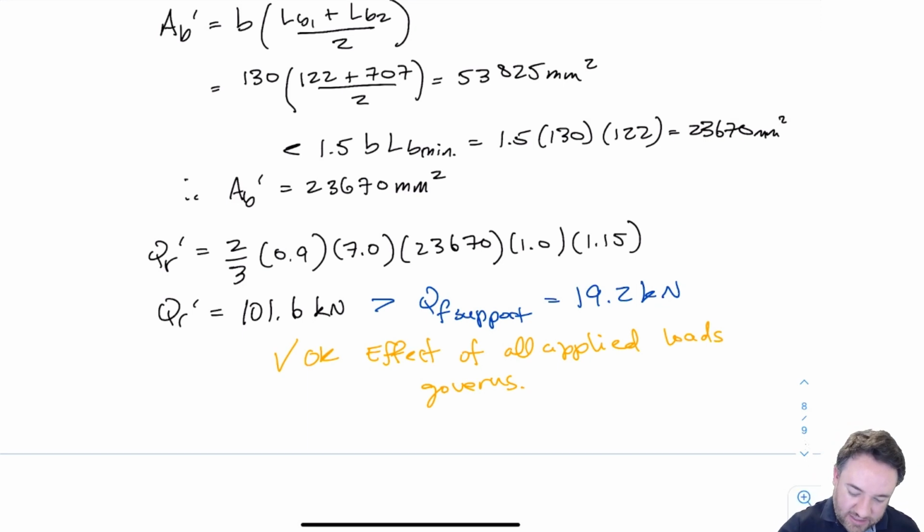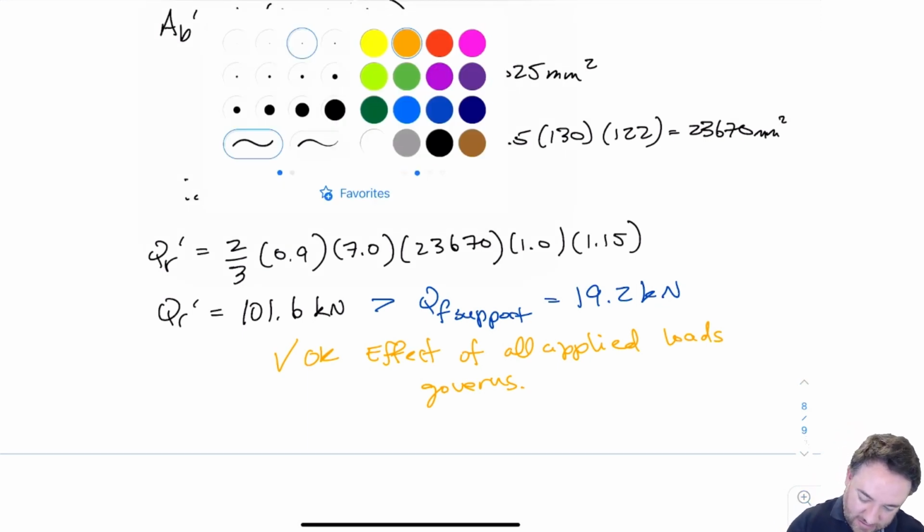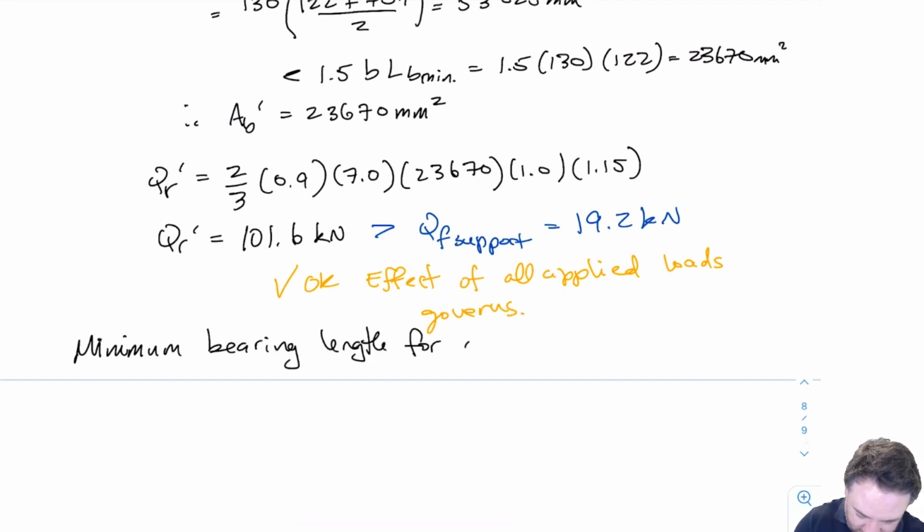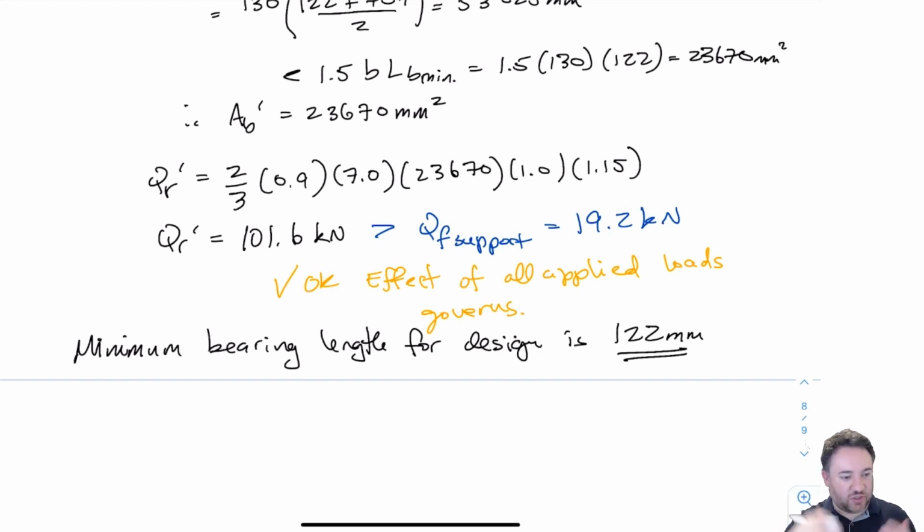And so that means that minimum bearing length for design is 122 millimeters. And that is basically the conclusion of our bearing design.